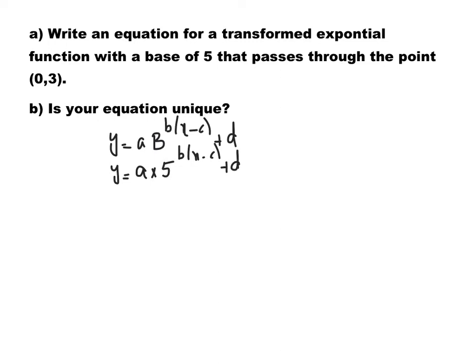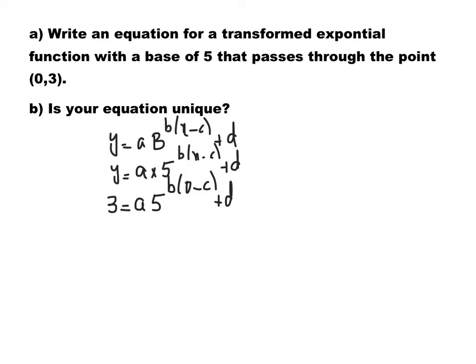We know that the y-intercept is 3, meaning when x is 0, y is 3, so the exponent becomes b times (0 minus c), plus d.